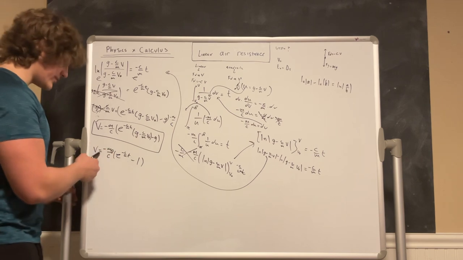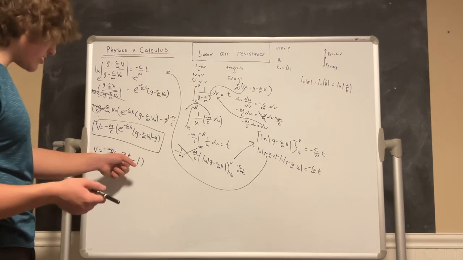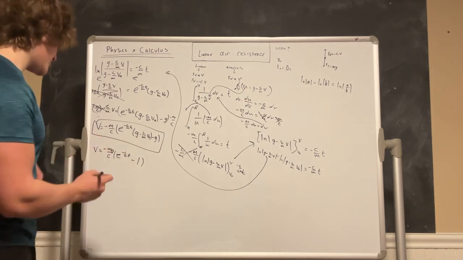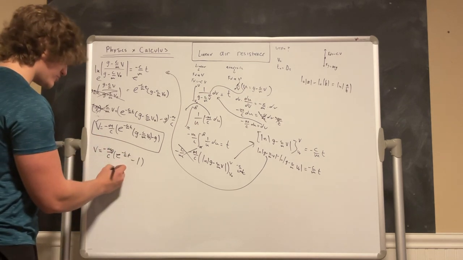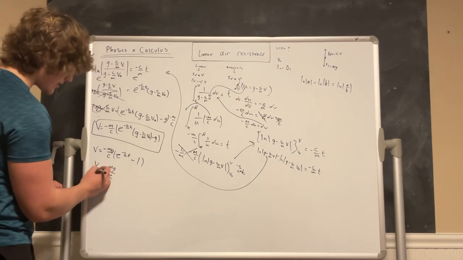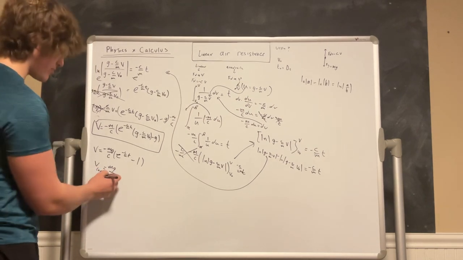And now let's take the limit as t approaches infinity. This just becomes 0. So this gives us negative 1 times negative mg over c. So this just becomes mg over c, which is our v at t equals infinity, or our terminal velocity.